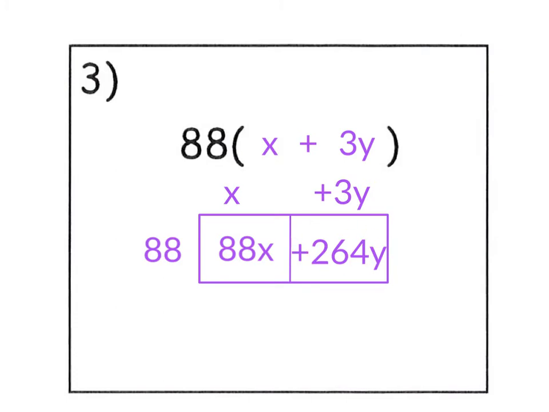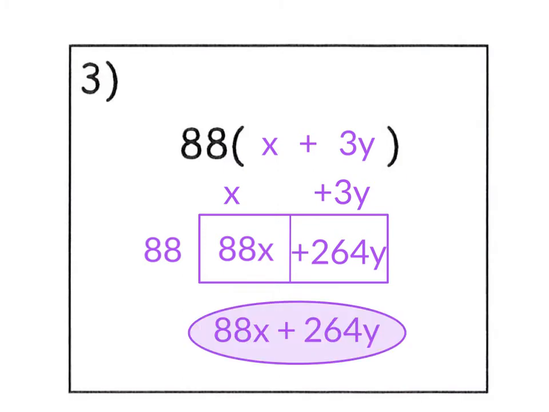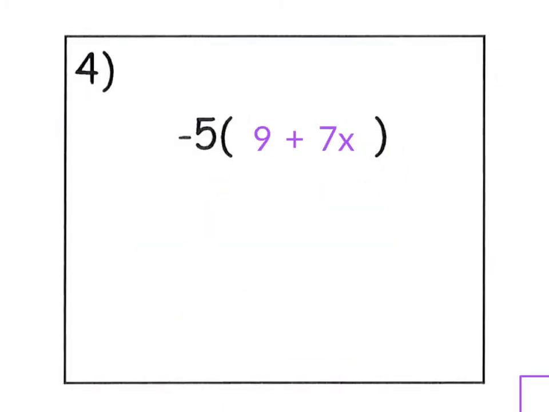They have different variables, even though they have the same exponent of technically a 1 here. I cannot put them together because an x and a y cannot be combined. So my answer is 88x plus 264y.